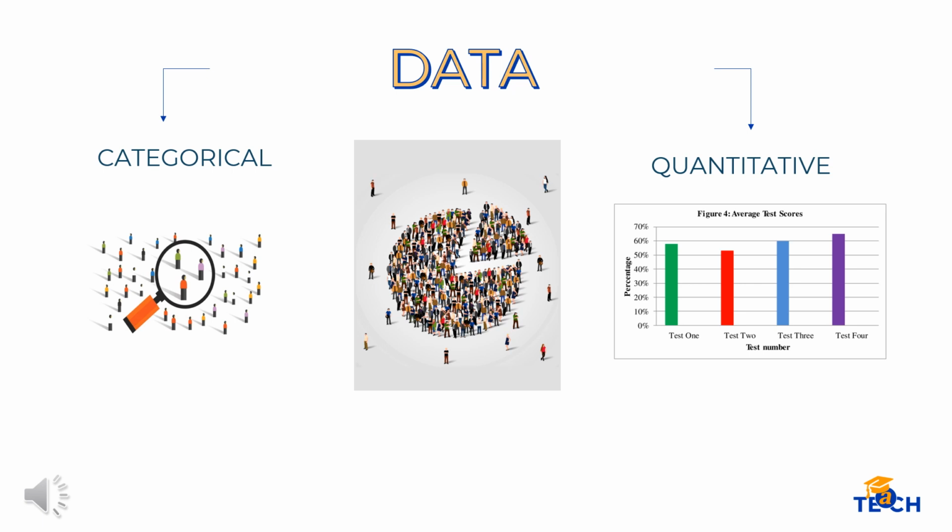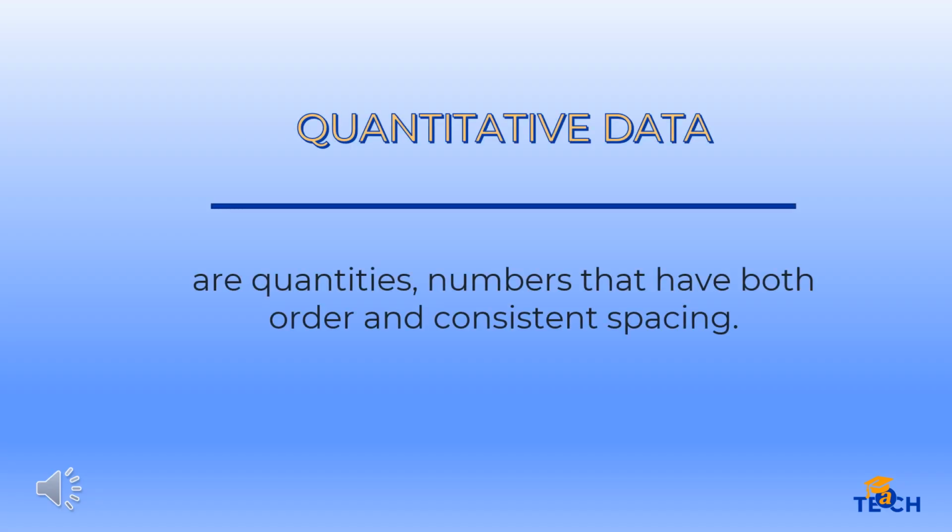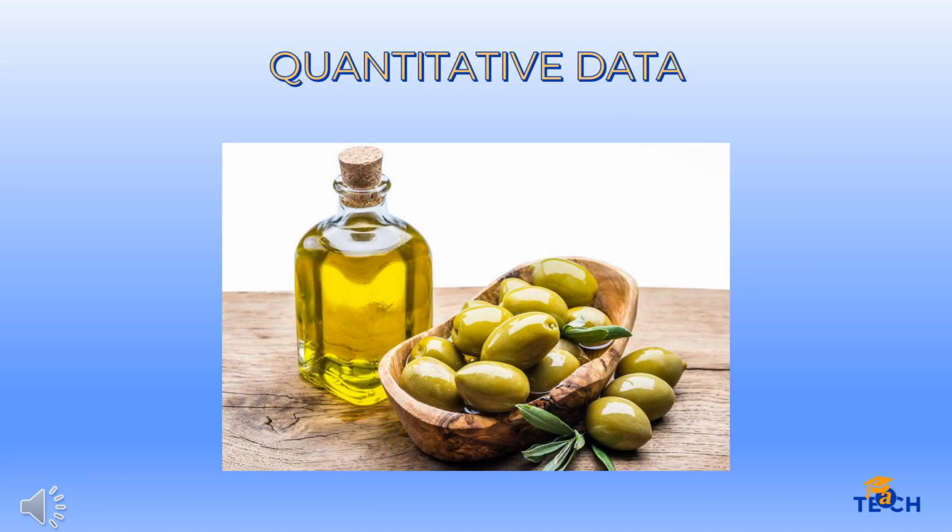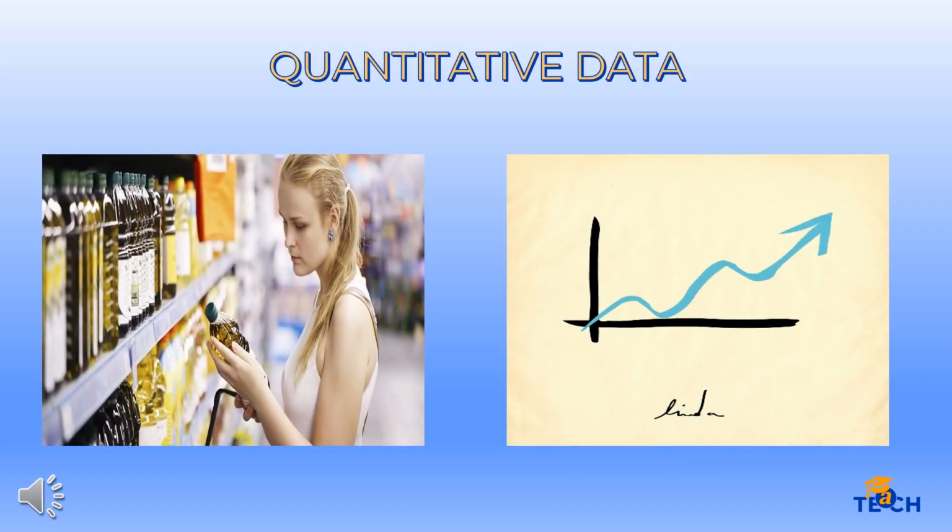There is categorical data and there is quantitative data. Quantitative data are quantities or numbers that have both ordering and consistent spacing. For example, how many ounces of olive oil are in each American home? If three families told you how many ounces of oil they have, you could put them in a meaningful order, from least to greatest or greatest to least.